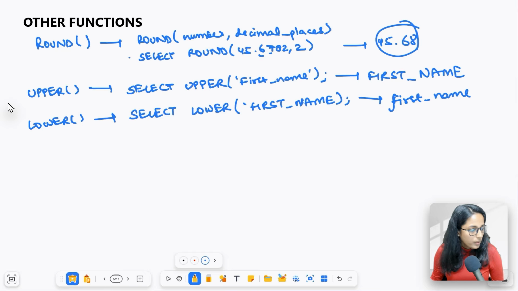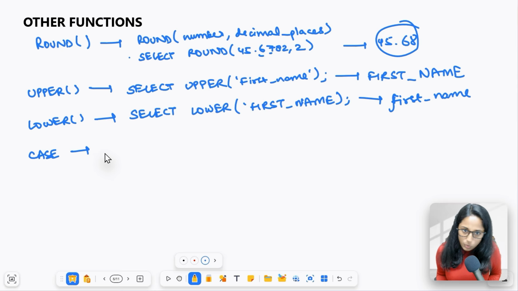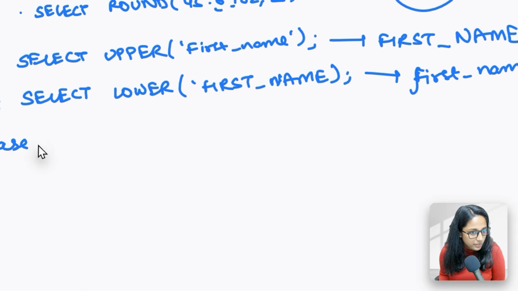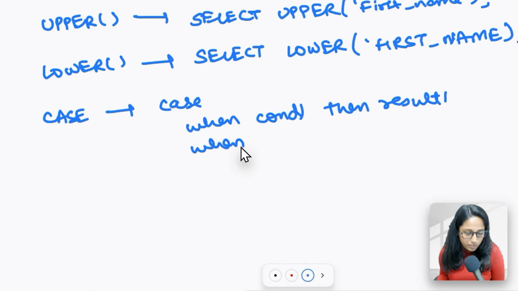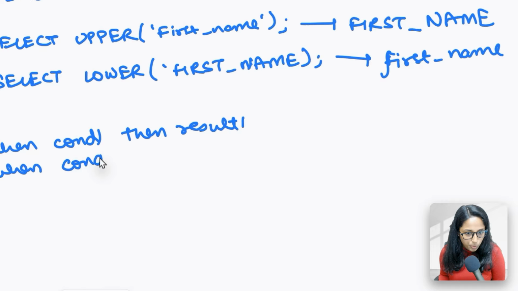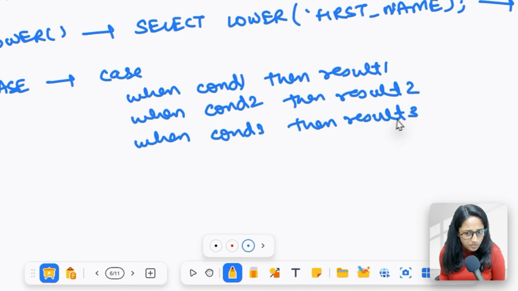Another interesting one we have is case. You might have heard about switch cases in any of the OOP languages. It is similar to that. Its syntax is: we write case when condition 1 then result 1, when condition 2 then result 2, when condition 3 then result 3, and it can go on.